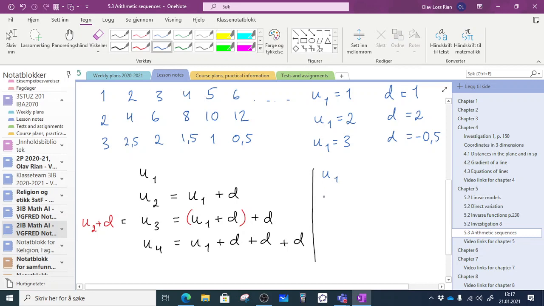We could certainly write U1 plus d, but I choose to write U1 plus 1d. And for U3, that is the same as U1 plus 2 times d. U4 is U1 plus 3 times d.